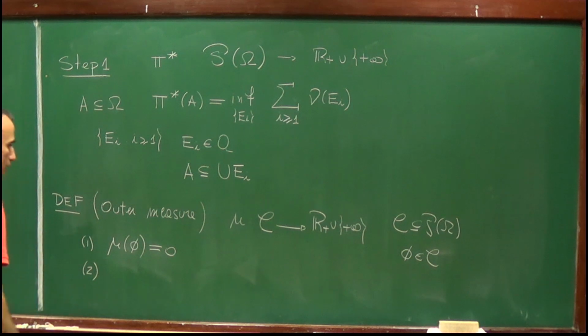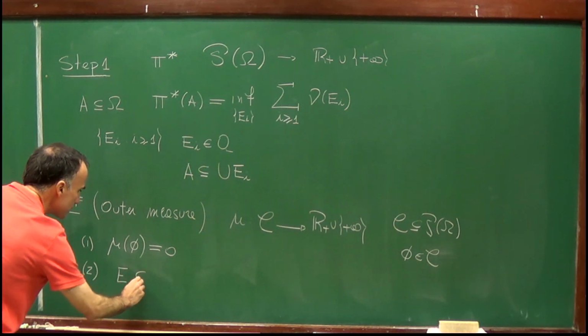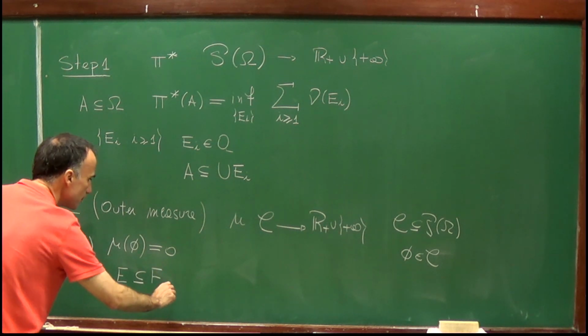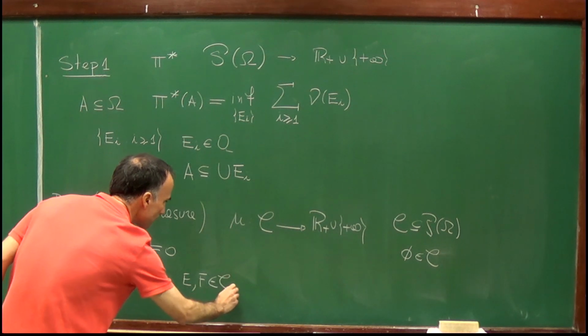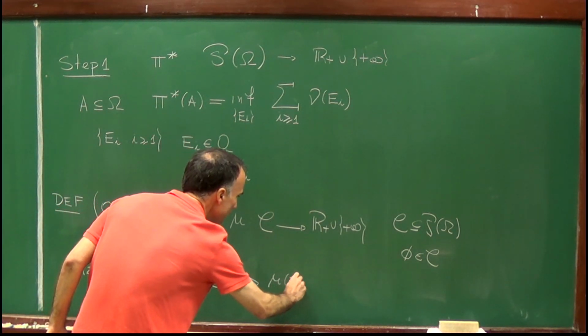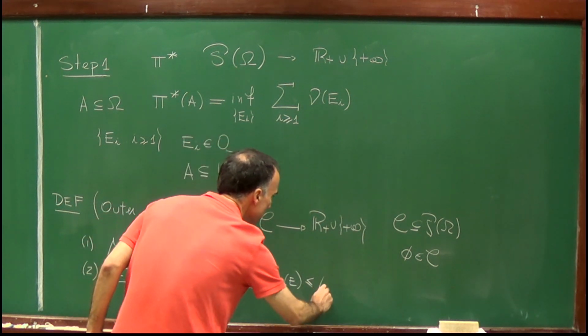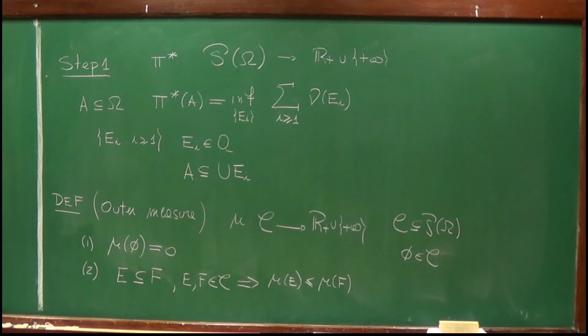We will require mu of the empty set to be equal to 0. We will require mu to be monotone, which means that if E is contained in a set F, E and F in C, then mu of E is less than or equal to mu of F. So mu is monotone.